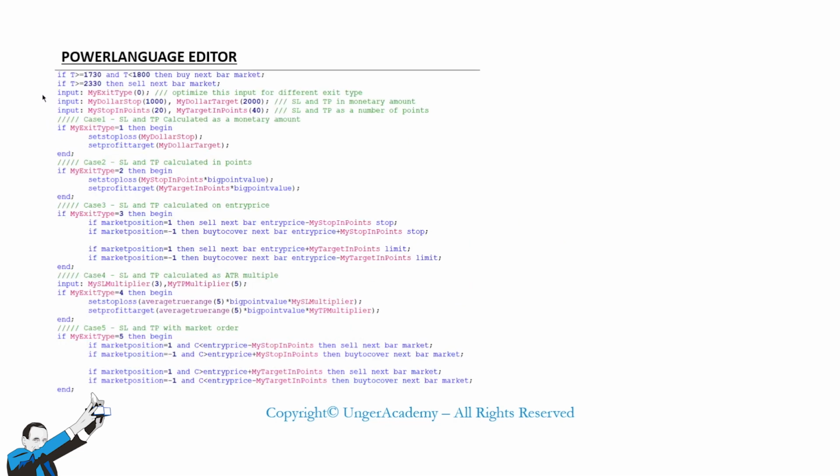Now here we can also see the last slide where we've grouped all the different types of exits. You can see that the exit type ranges from 1 to 5. On the other hand, if we use 0 as input, the strategy will work without both the stop loss and the profit exit. And then as you can see, I've just put 2 lines here at the beginning of the strategy so that you can buy this position and then sell it.